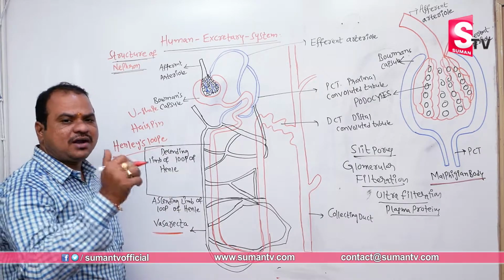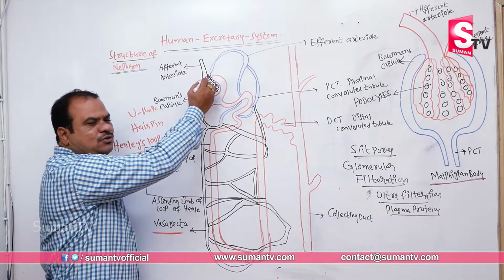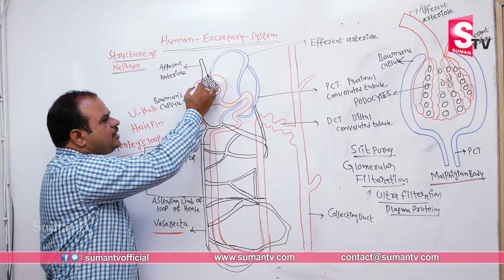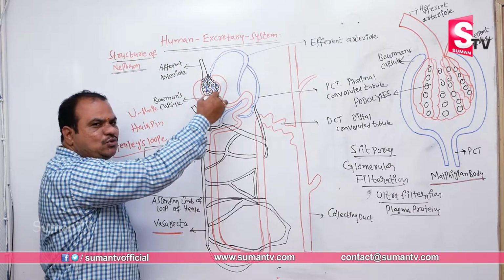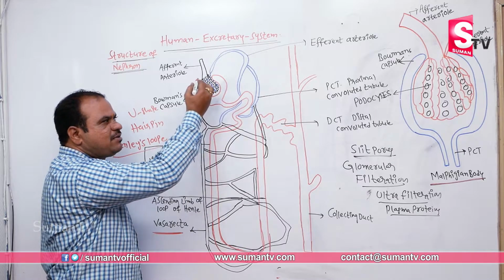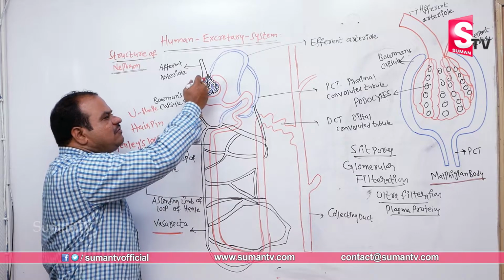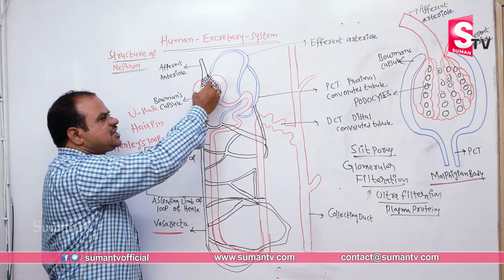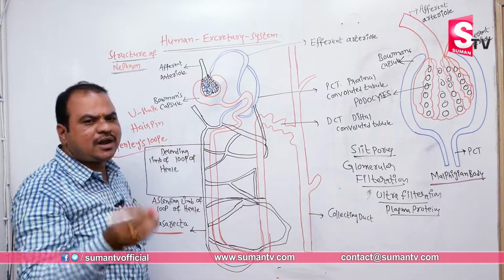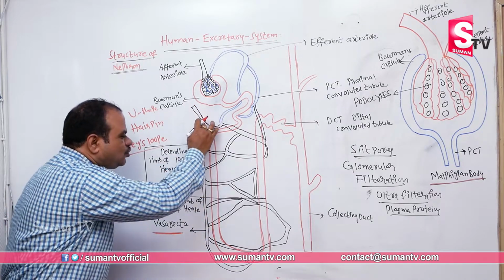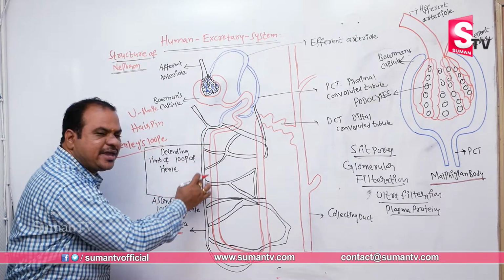But what is the vasa recta? The efferent arteriole leads into capillaries, dividing into a number of capillaries and tubules. The capillaries form a tubular-like structure, and these tubular structures are the peritubular capillaries.